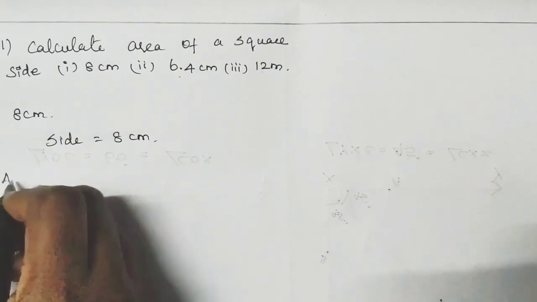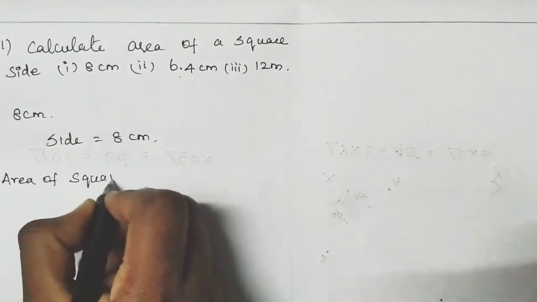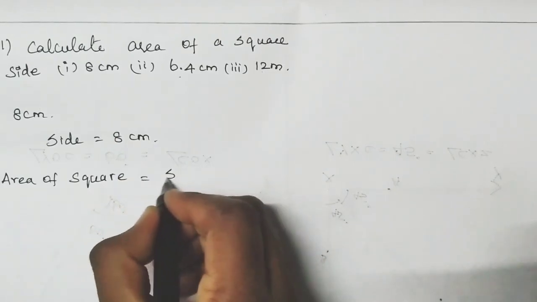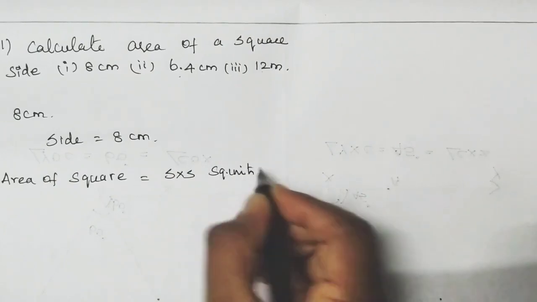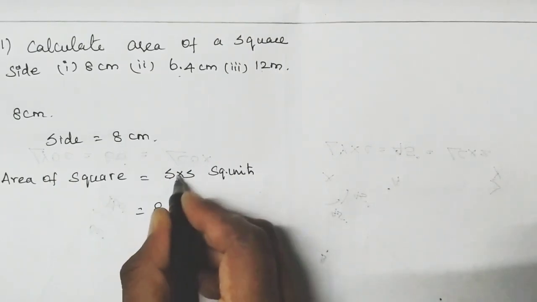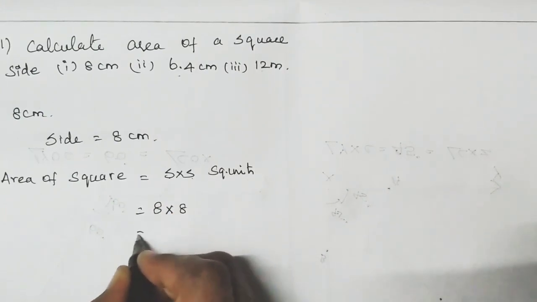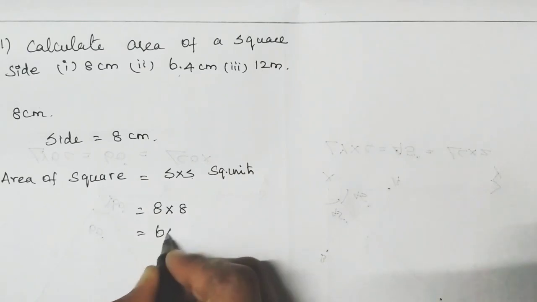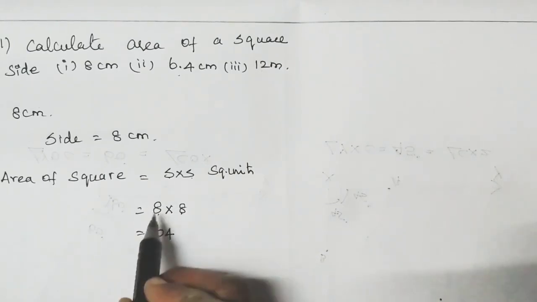We know the formula to calculate area of a square. What is the formula for area of a square? Side into side square units, or A into A square units. Side is 8, so 8 into 8. 8 8s are 64, not 16.